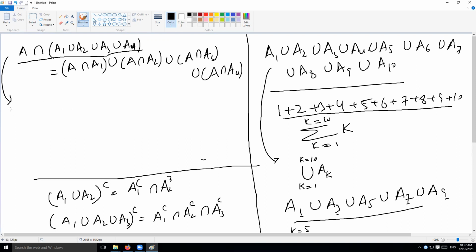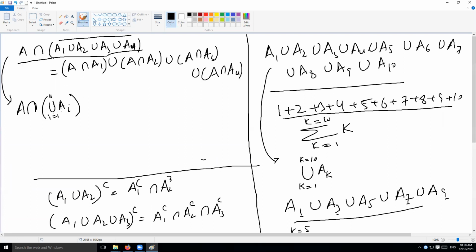Can someone help me out with how I should write it? I am taking the intersection of A with this union, right? And how can I write this union? The union of AI, where I goes from 1 up to what? N. There are 4 here, so if there is n, you can write n, but there is 4 actually.